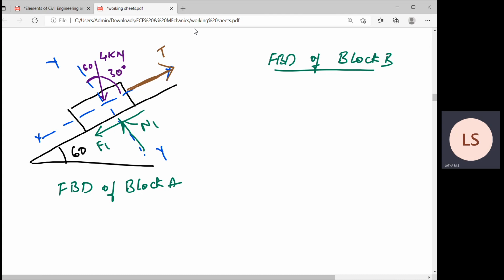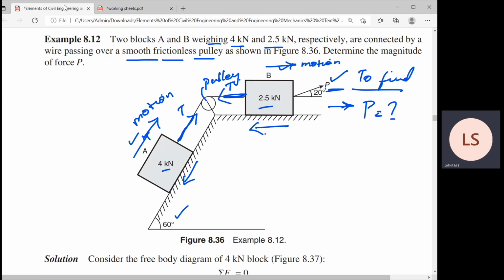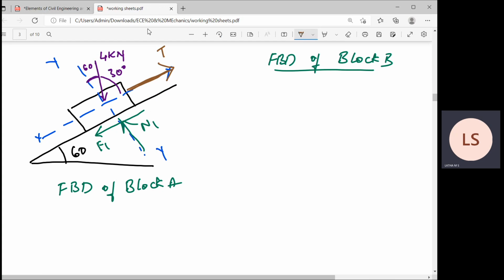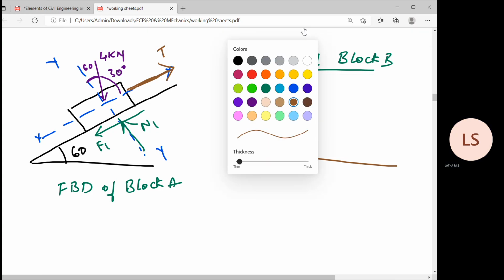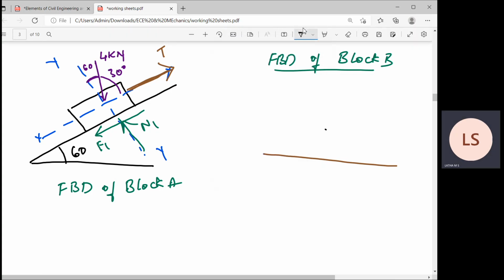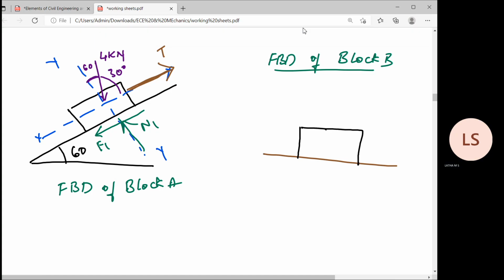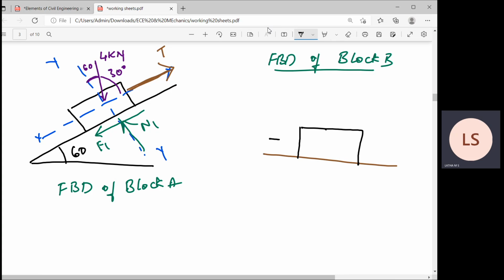Now I'll draw the other block B free body diagram, which is on the horizontal plane. The block is placed on the horizontal plane, so axis, I need not worry. This will be x-axis and this will be y-axis, correct?